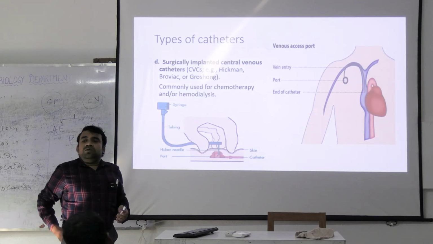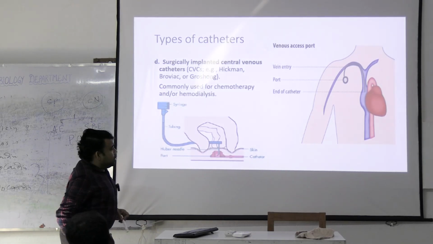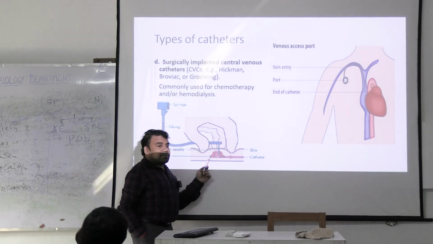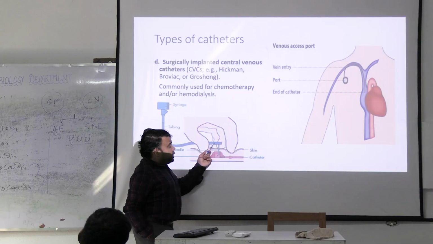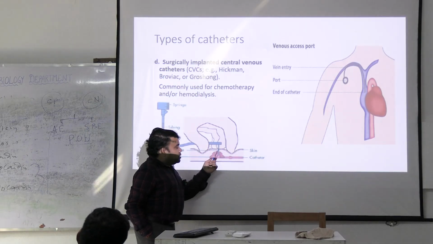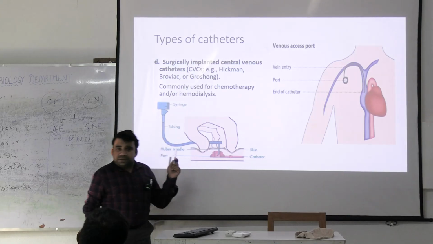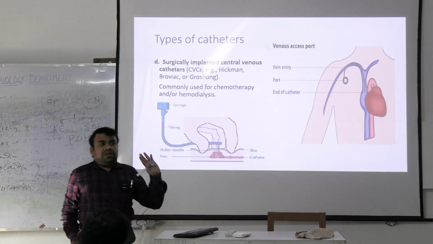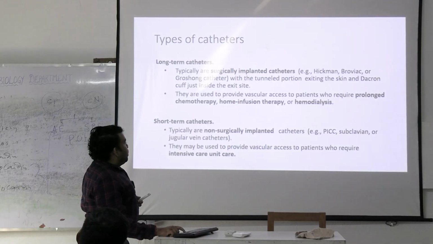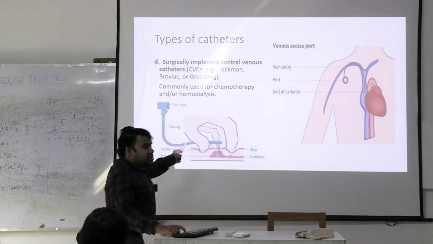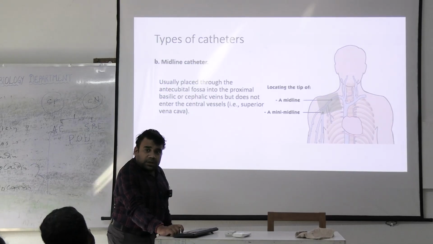Some patients, we need to put a permanent central line. So these are put inside the skin. The catheter is underneath the skin, and when we need to access it, we puncture the skin and access the catheter. Now this is surgically implanted. These are the common 4 types. Obviously, this is for long-term use and these 2 are for short-term use.